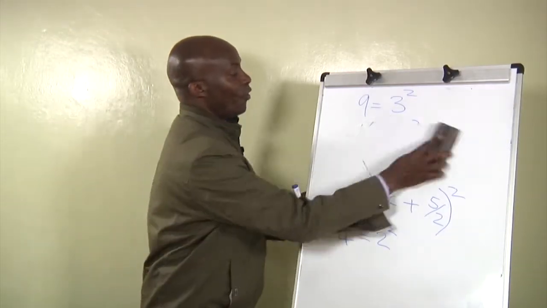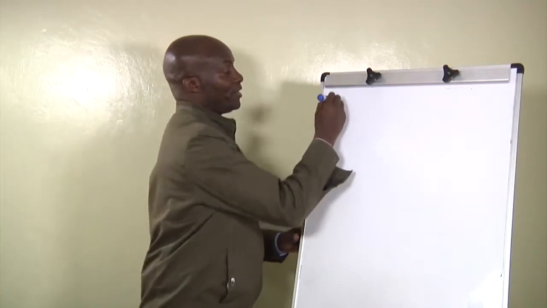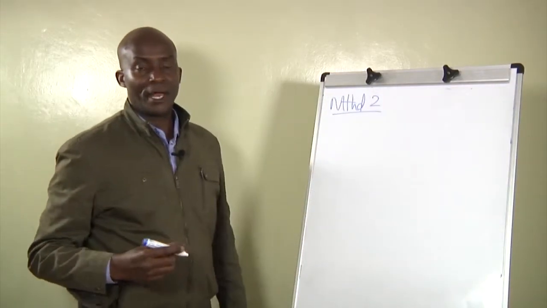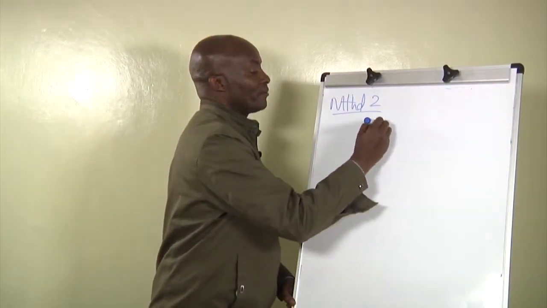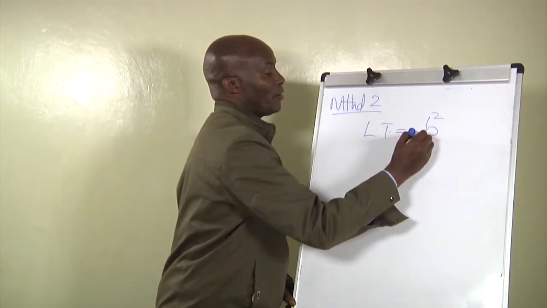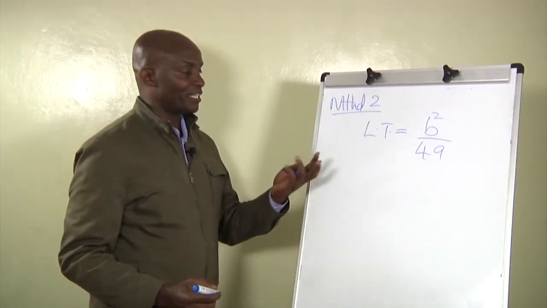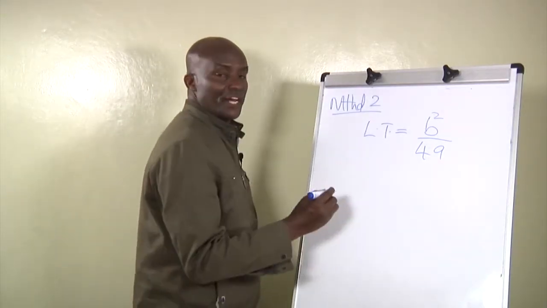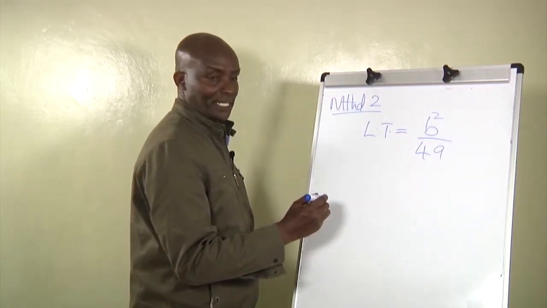Method 2 of doing the same thing, there is a second method. In the second method, we simply say the last term should be equal to b squared over 4a. Now, where does the b come from and the a? I am taking the general expression of a quadratic expression.